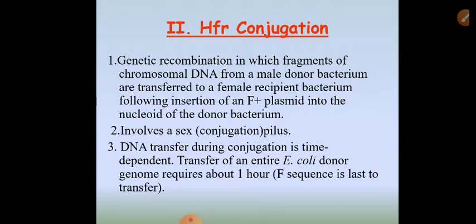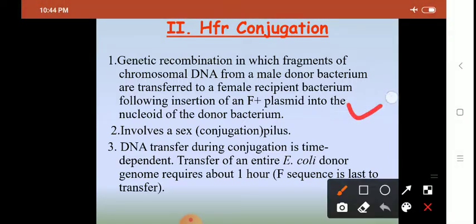Now let us consider the first point again. What is HFR conjugation? Fragments of chromosomal DNA from the male donor bacterium get transferred into the female bacterium, and hence we say that recombination has taken place, because the chromosomal DNA from the donor cell is transferred to the recipient cell.